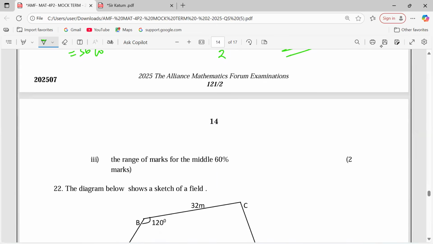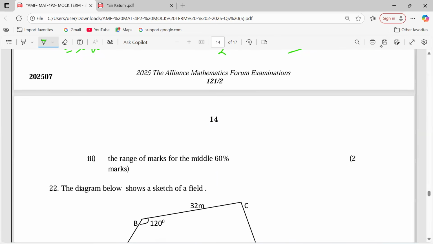Then finally, the examiner is telling us to determine the range of marks for the middle 60%. This is again a question which requires a student to be very keen.